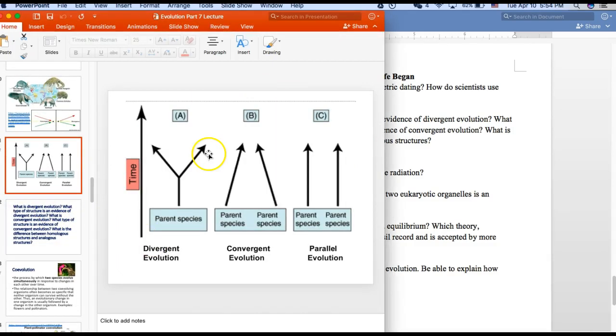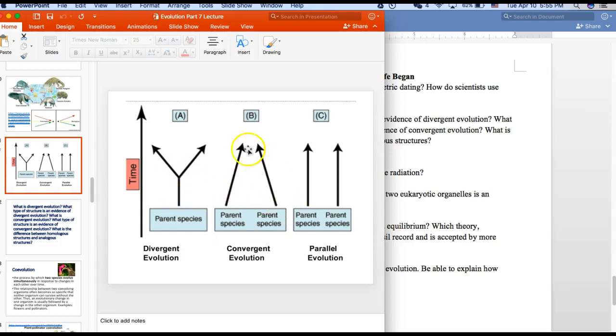So again, divergent evolution results in species having similar characteristics due to common ancestry. So if this species and this species share a similar characteristic, such as bone structure, and the common ancestor also has the same bone structure, this is divergent evolution. Okay?